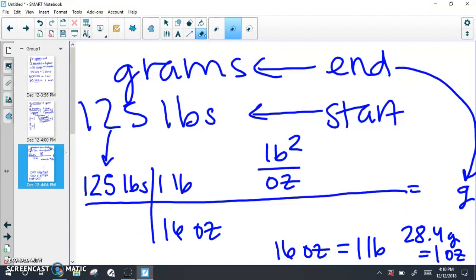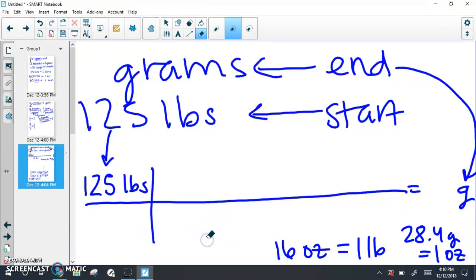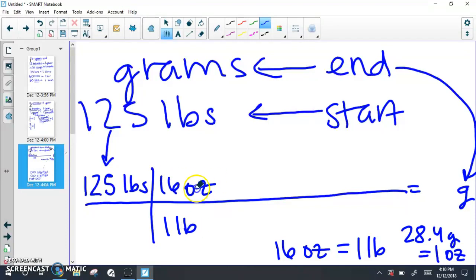That just sounds ugly. That's going to get you confused. Don't do that. You need the units to cancel out. So let's flip this back. We're going to write this with the pounds on bottom, 16 ounces on top. Now you can see our pounds cancels out and leaves us just with the units of ounces.